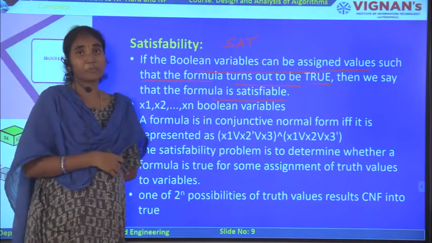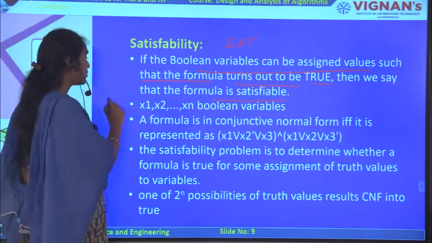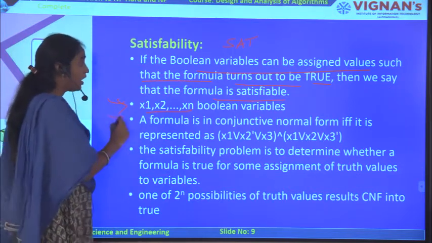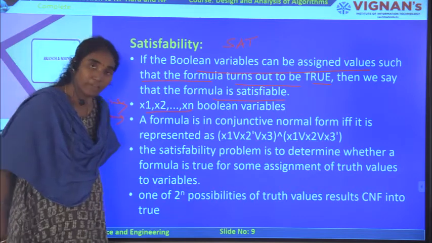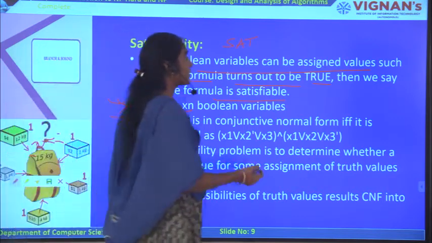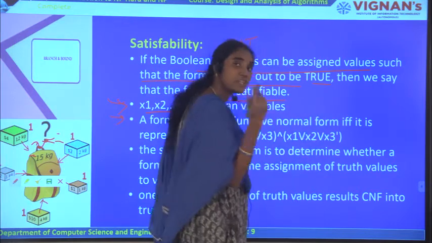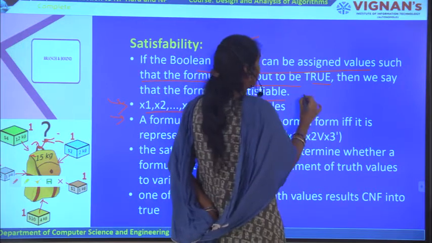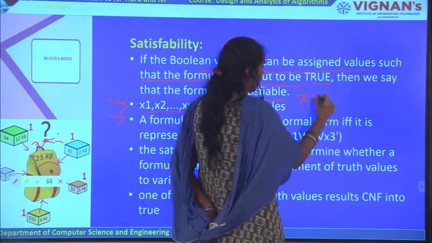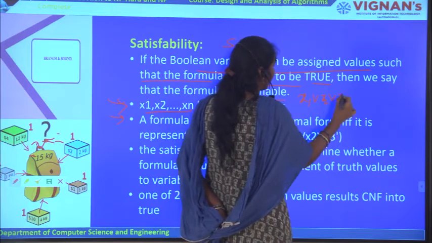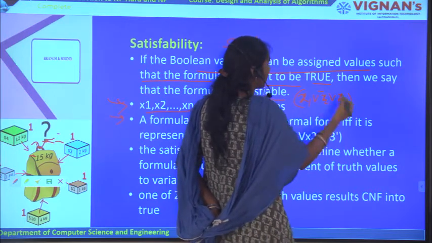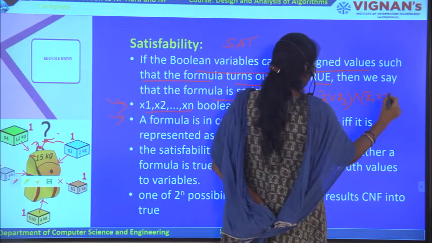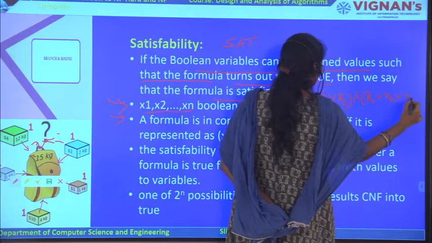Coming to the satisfiability problem, what is the statement, right? Let x1, x2, ..., xn be the boolean variables, and a formula is in conjunctive normal form like this. For example, let us consider three boolean variables x1, x2, x3. So I have (x1 or x2 or x3) and (x1 bar or x2 or x3 bar), right?